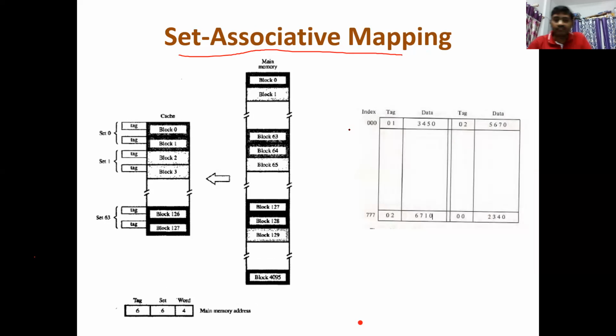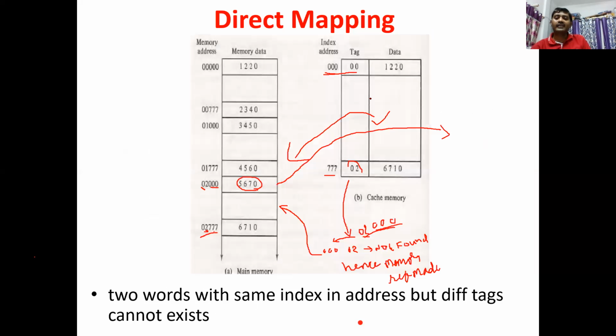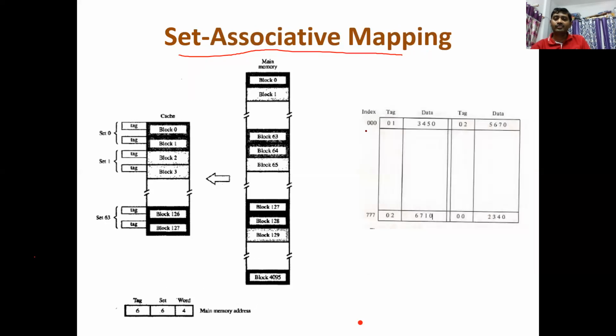Coming to the third, set associative. Set associative will remove the problem of direct mapping. In direct mapping, suppose I got 02000 and another address, then both these things cannot be held together. 00 will be the index for both, right?